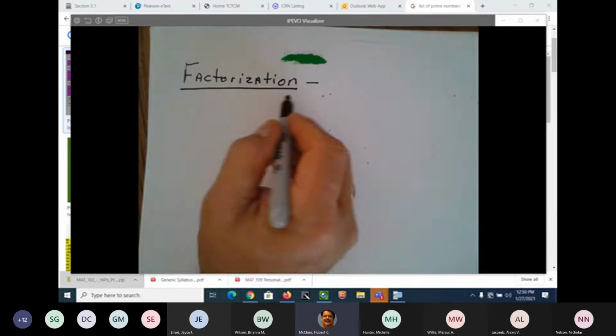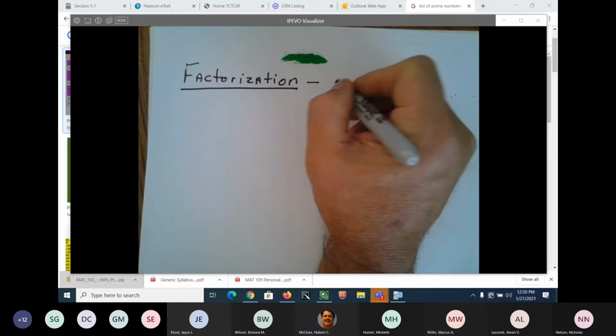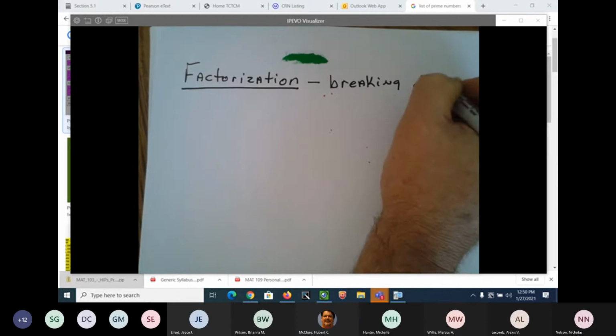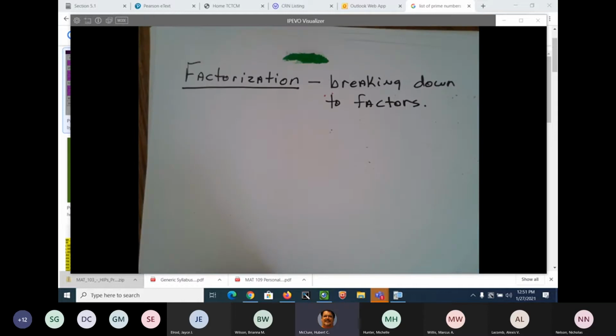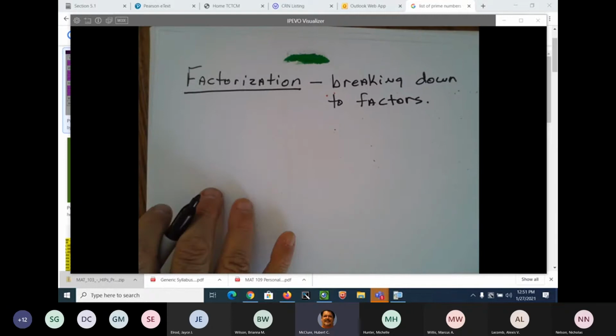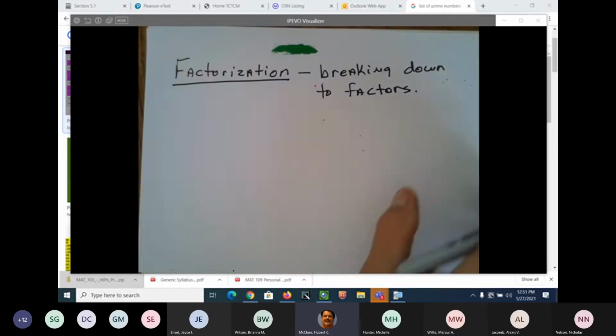All right. Factorization is breaking down to factors. That's what factorization is. There's regular factorization, which is usually, whatever.